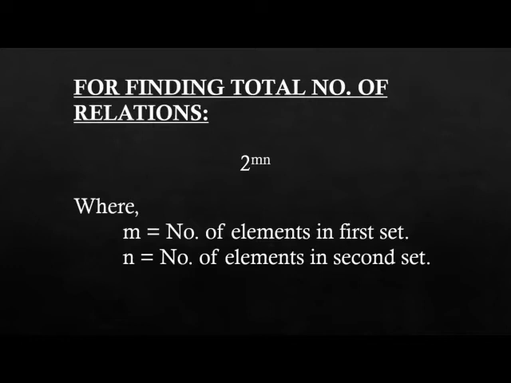But this is the formula for finding the number of relations, or the subsets of that Cartesian product. So how many relations can we make? We can make 2 raised to the power mn, or 2 raised to the power of the cardinality of the Cartesian product. How many elements were there in the Cartesian product? mn. So 2 raised to the power of the number of elements in the Cartesian product is also present in this formula.